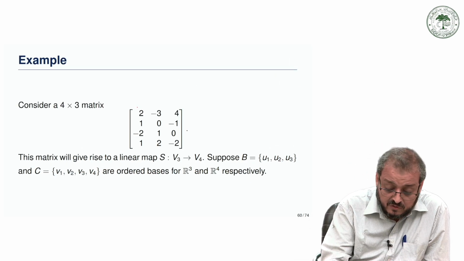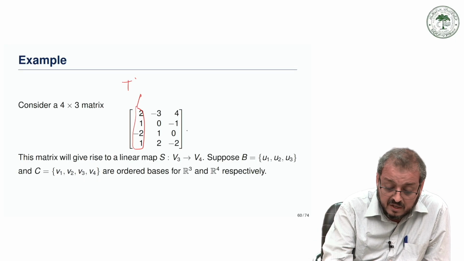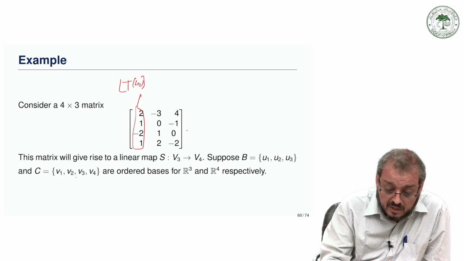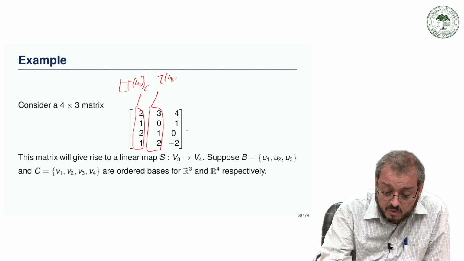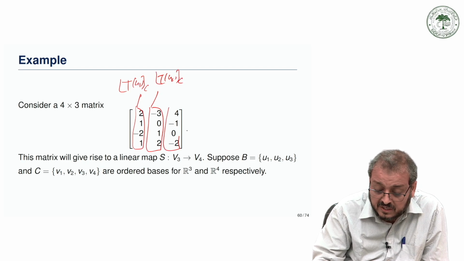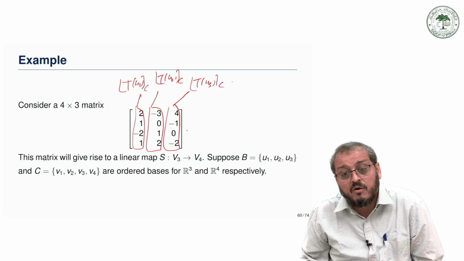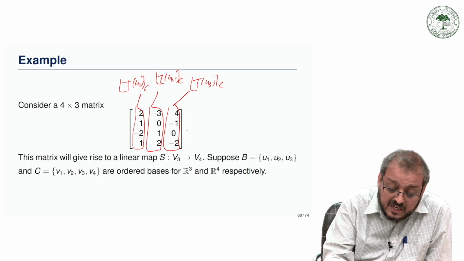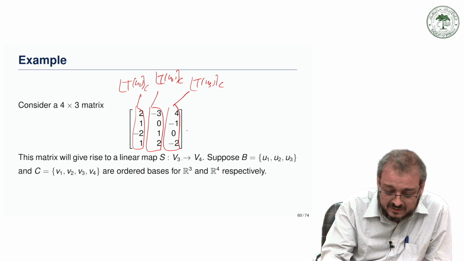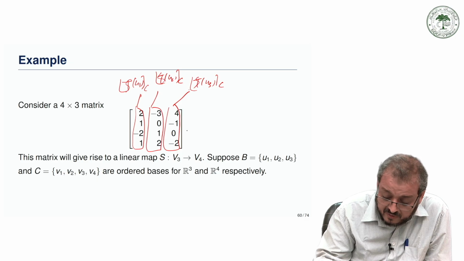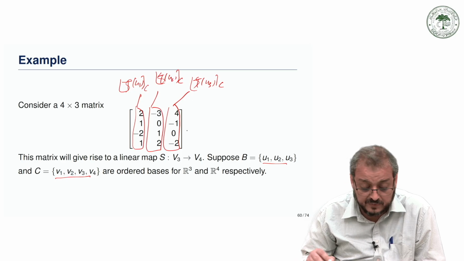For example, suppose we are given this matrix. Each column is T(u1) with respect to C, then T(u2) with respect to C, and then T(u3) with respect to the basis C. These are scalars. Here, in place of T you can put S. So S is equal to this, and then you can write it in terms of the basis respectively.